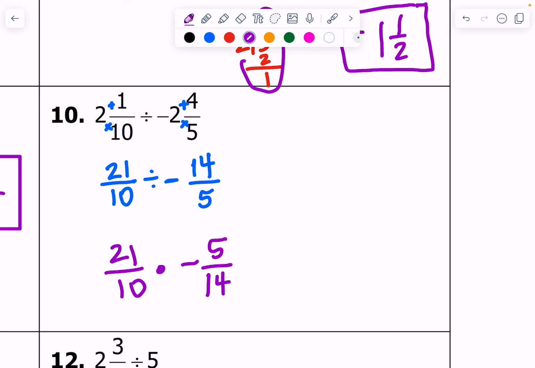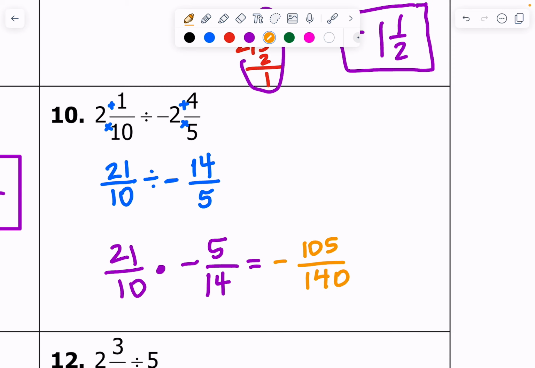Okay. If you want to cross cancel, you go ahead. But what I'm going to do is I'm going to multiply across. So 21 times 5 gives us negative 105. And then 10 times 14 is going to give us 140.